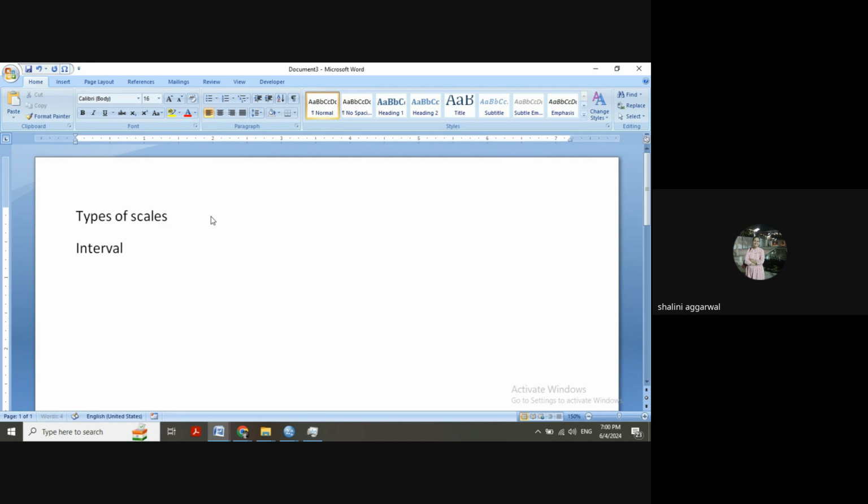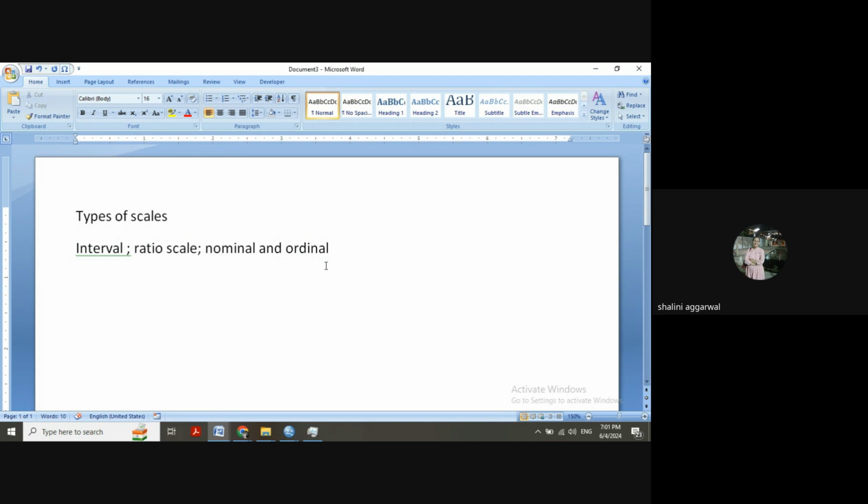There was interval scale. There was ratio scale. There was nominal scale and ordinal. So these are the 4 kinds of scales that everybody should know, right? Beyond this, everybody knows the difference between all.